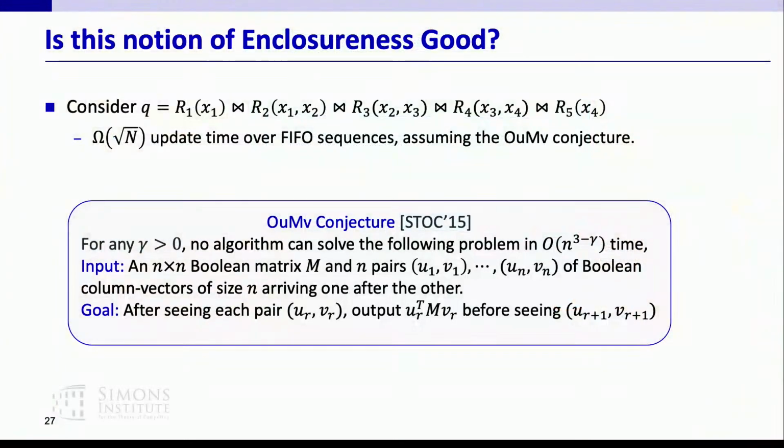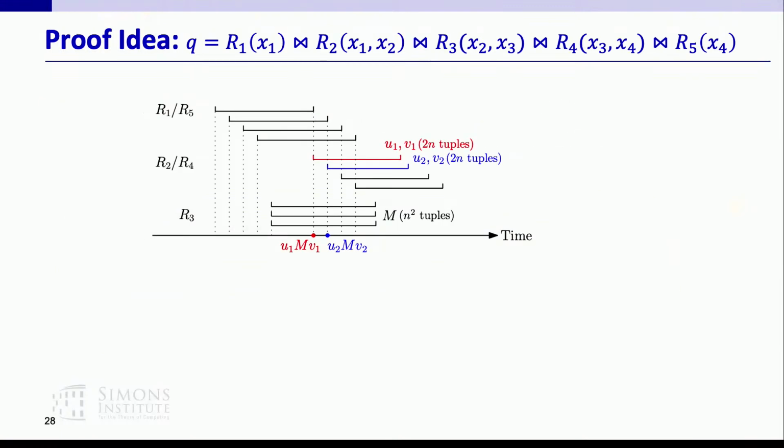If you are familiar with the OuMv conjecture, the common approach to show the reduction is that we want some relation to simulate the matrix, and then use some other relation to simulate the vectors. But the insertion to this matrix will be insertion only.